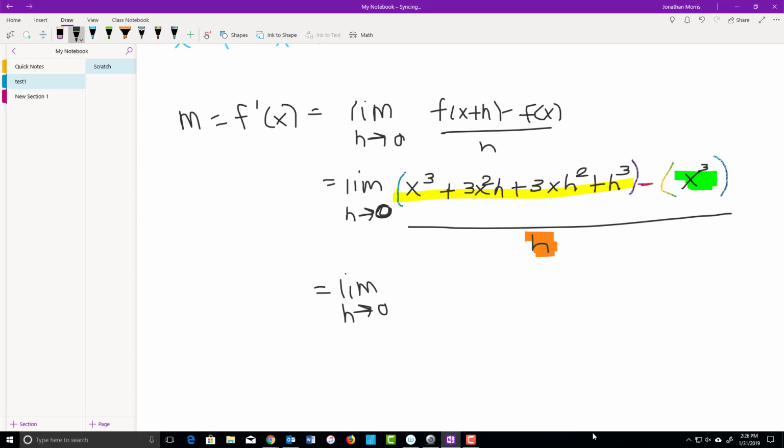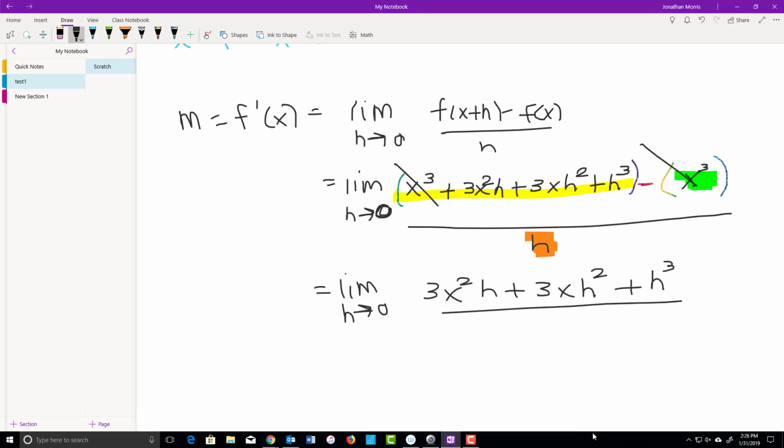Okay, this x cubed and this minus x cubed cancel, and I'm left with 3x squared h plus 3xh squared plus h cubed all over h. Now look, I want you to think of this as h being over each of these different parts of this trinomial right here.